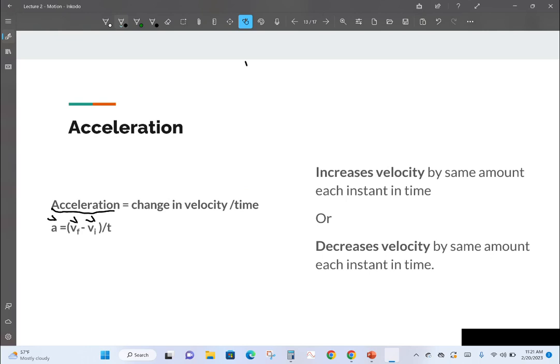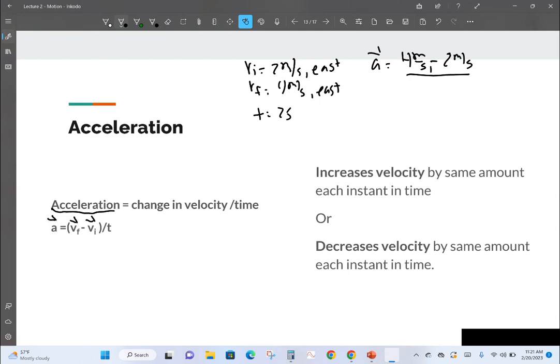If you increased your speed from 2 meters per second east to 4 meters per second east in 2 seconds, then your acceleration would be your final, which is 4 meters per second, minus 2 meters per second, all over 2 seconds, which is 2 meters per second divided by 2 seconds, or 1 meter per second squared.